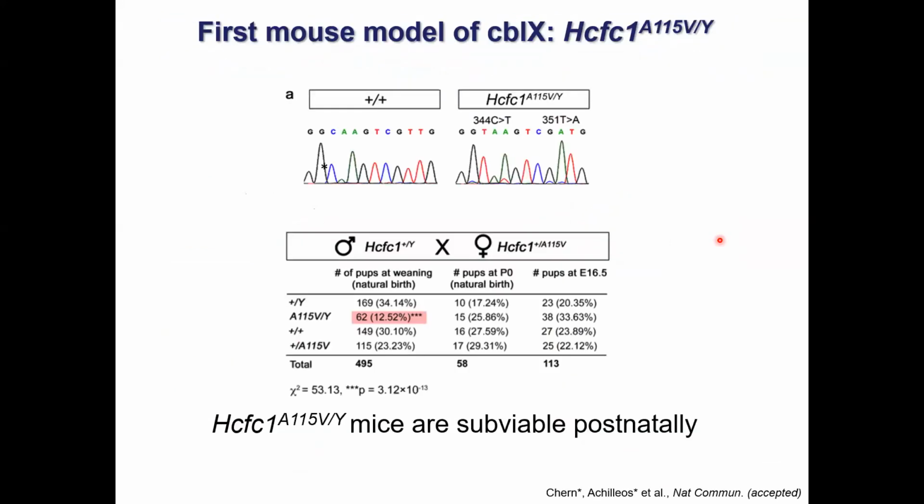Given that information, we decided to make mouse models of this new version, let's say, of cobalamin deficiency that is called cblX. We used the CRISPR-Cas9 genome editing technology to make two mouse models. We made a mouse model carrying a mutation in HCFC1.